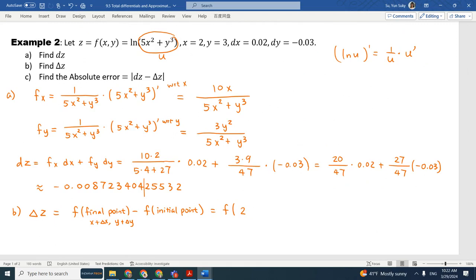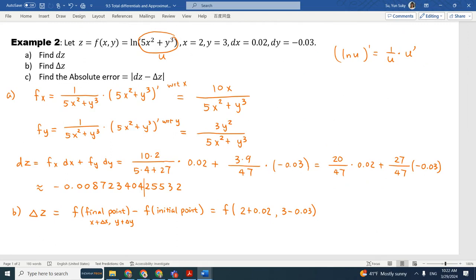So your x is 2. And 2 plus change of x? 0.02. Yep. And how about the y? It is 3. And then plus change of y? Oh, negative, right? 0.03.